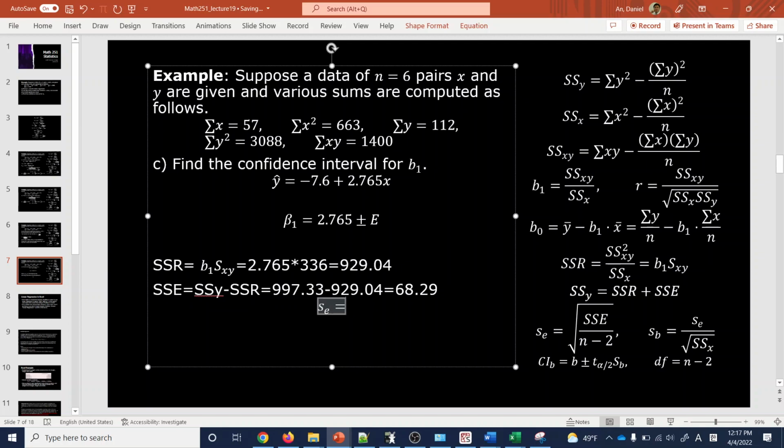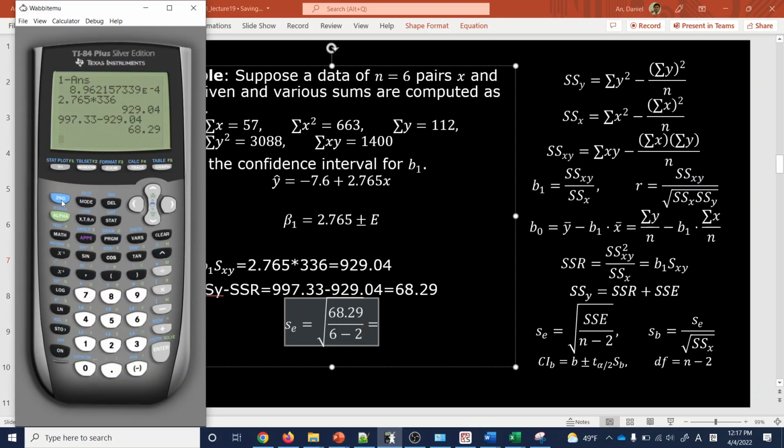SE is the square root of SSE, which is 68.29, and then you divide that by 6 minus 2, right? So what's that? 68.29 divided by 4.